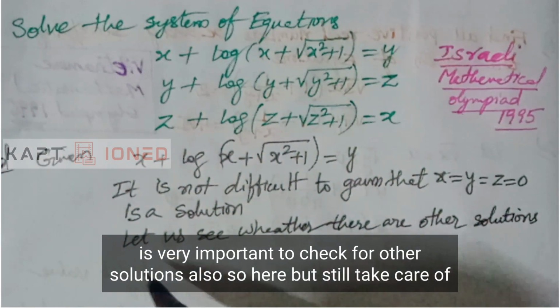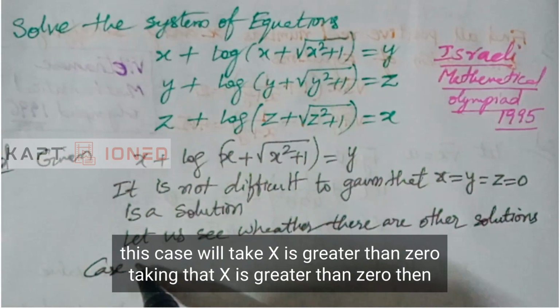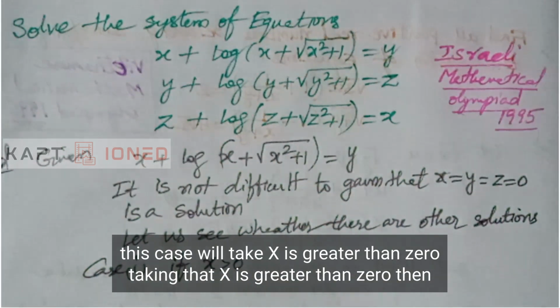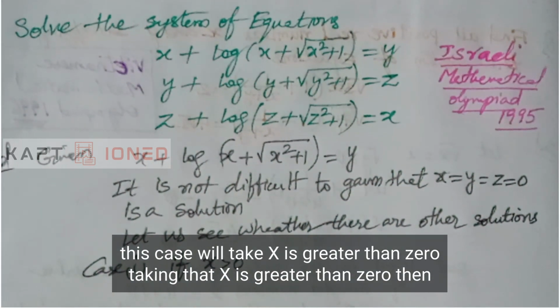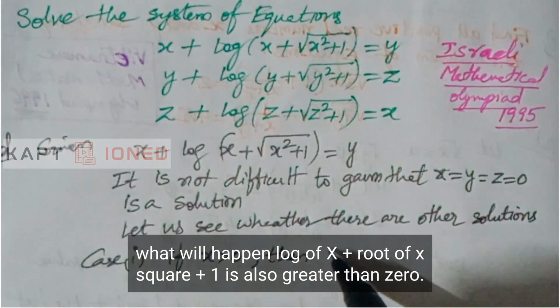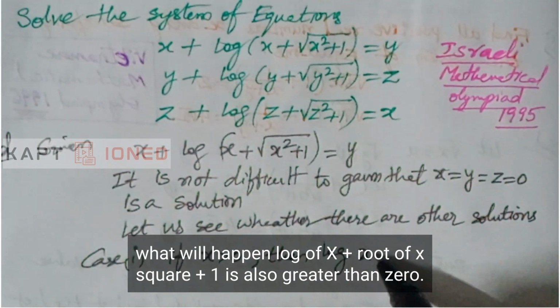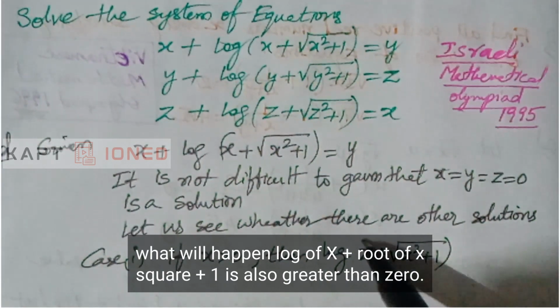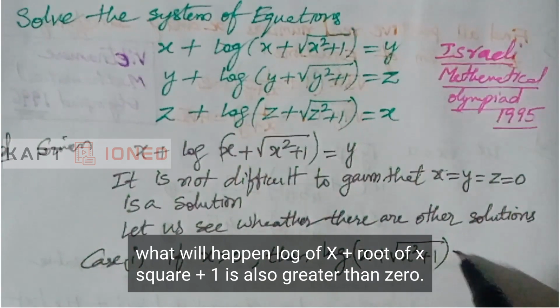So here, first we'll take case 1. In this case we take x greater than 0. Then log of (x plus root of x squared plus 1) is also greater than 0.